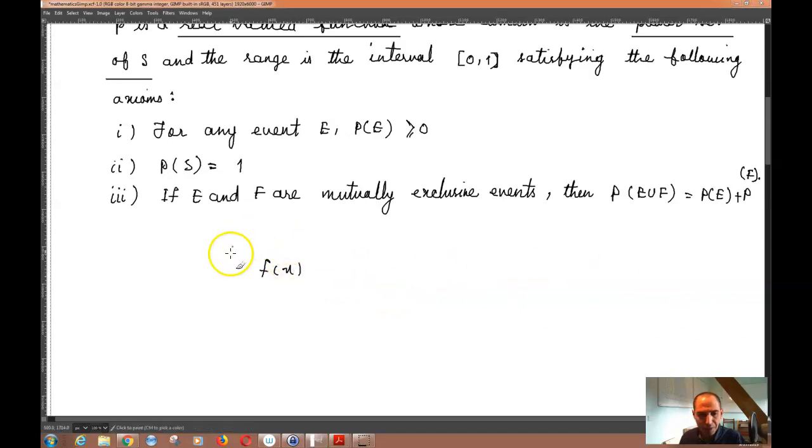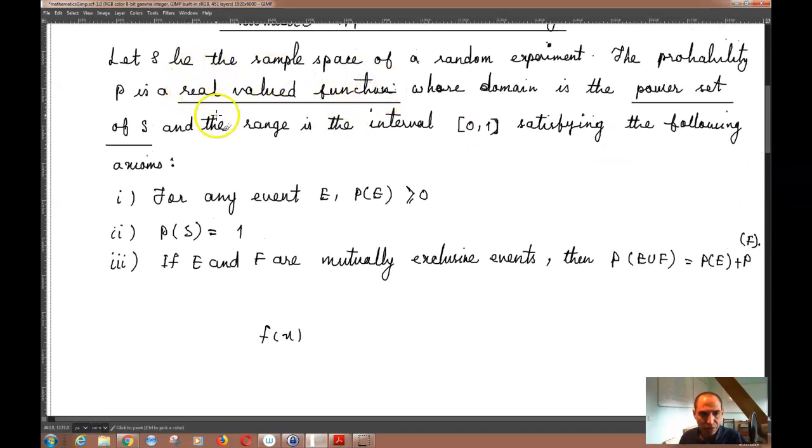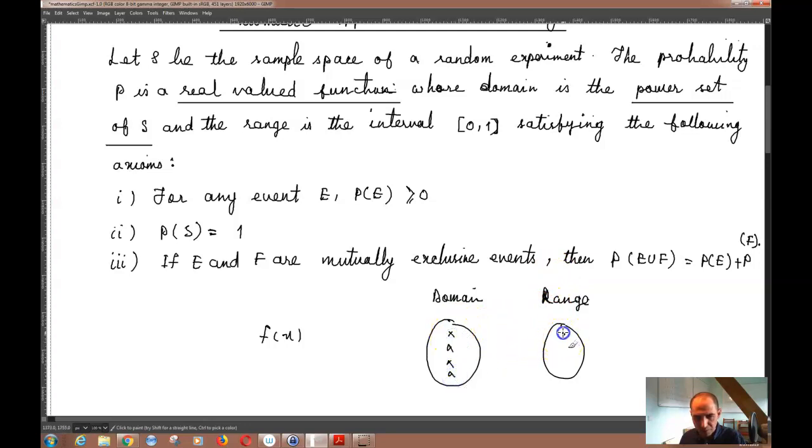Usually when you have a function, you have some domain and some range, and all of these elements in the domain are mapped to some elements in the range. This is what you understand from the concept of a function.